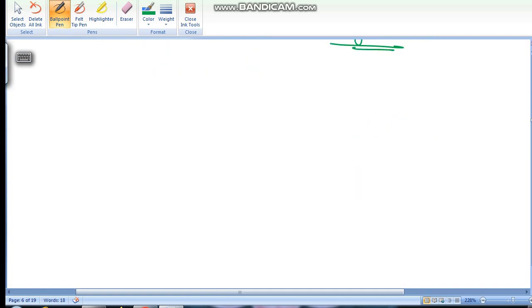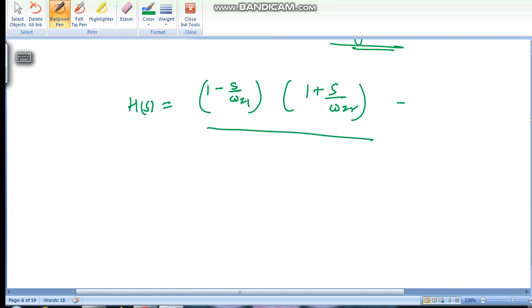Now in our system, this transfer function consists of poles and zeros, say (1 + s by omega z1), (1 + s by omega z2), and so on, and (1 minus s by omega p1), 1 by (1 plus s by omega p2).